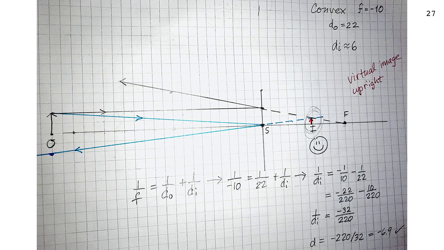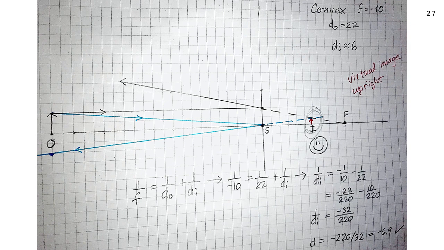Now on this one, we have to put in a negative 10 for the focal length. So 1 over negative 10 equals 1 over 22 plus 1 over DI. And notice that I used the same focal length of 10, negative 10, and the same object distance, 22. So I have 220 fractions again.